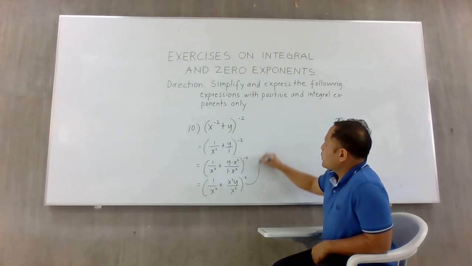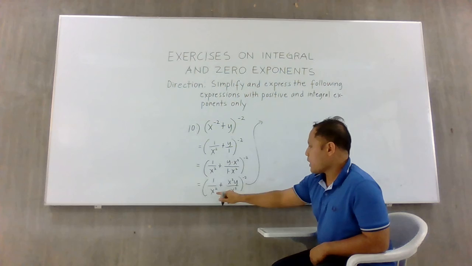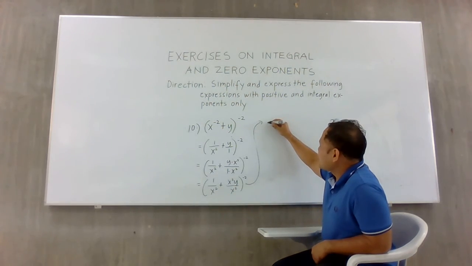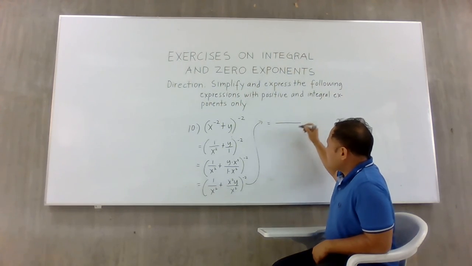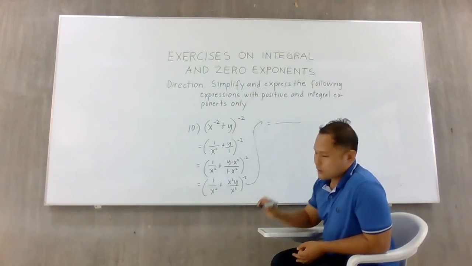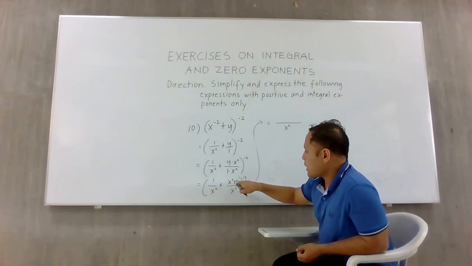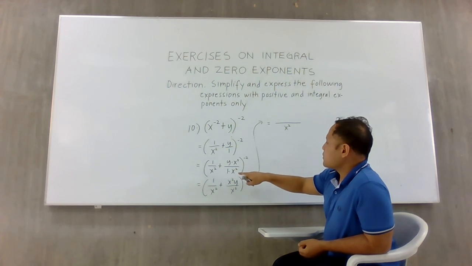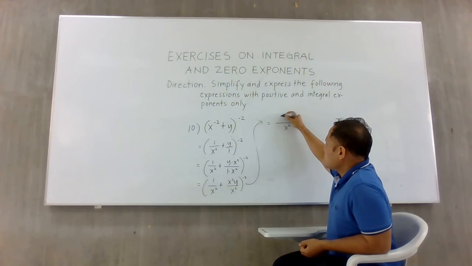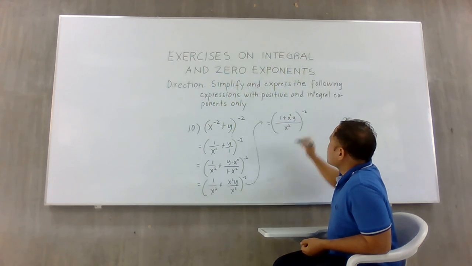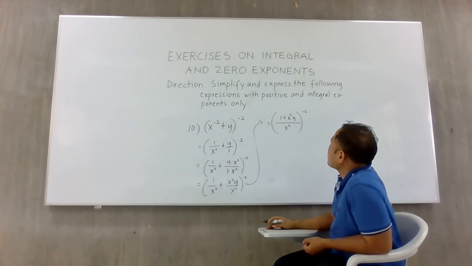We have already similar fractions, so we can just copy the same denominator, but sadly 1 and x squared y are not similar terms, so we can just write it like this. We maintain negative 2 outside.